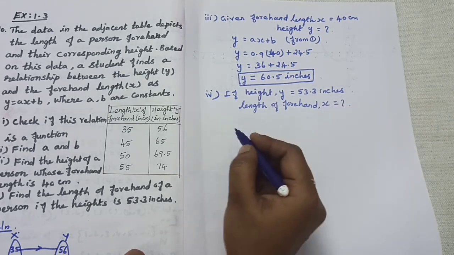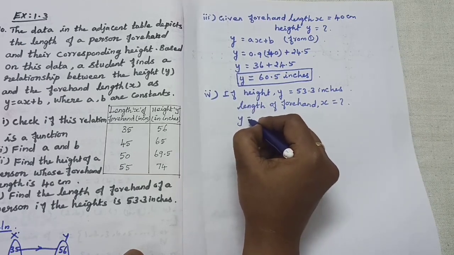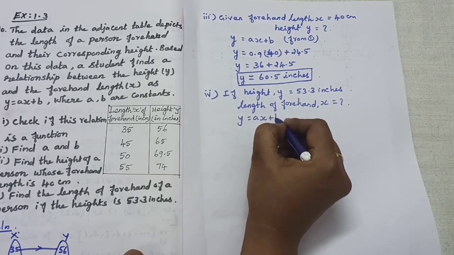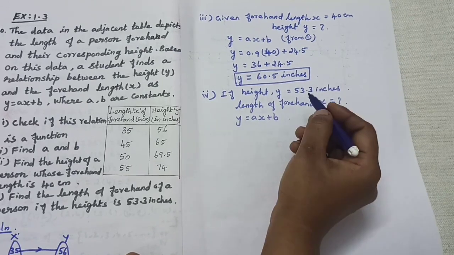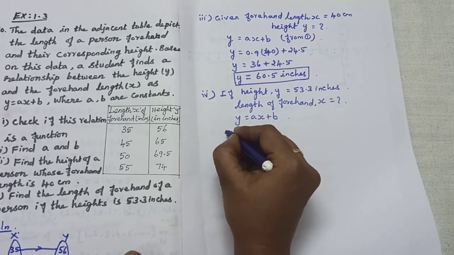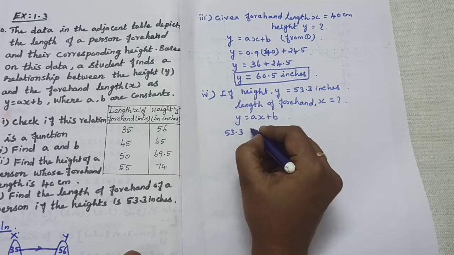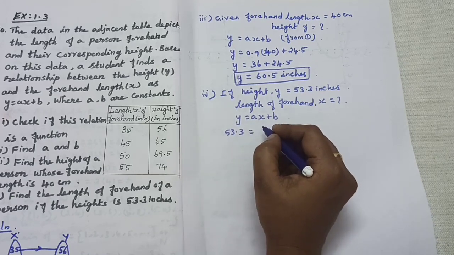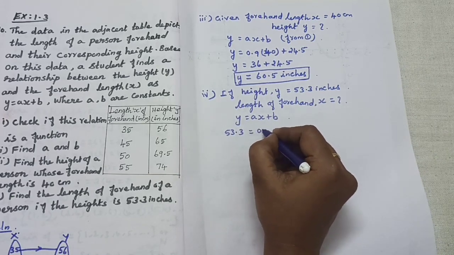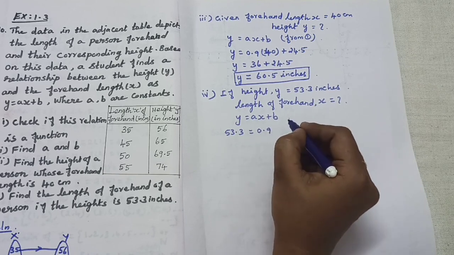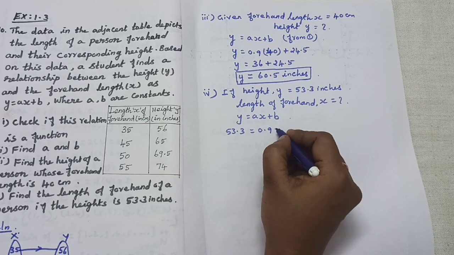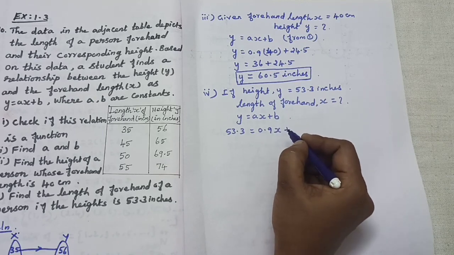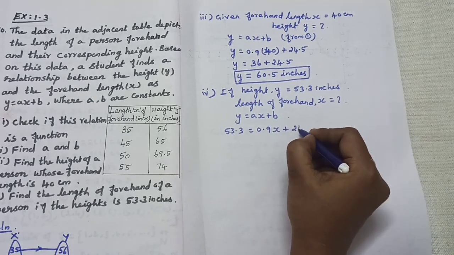We know the relation y is equal to ax plus b, isn't it? Then here in the y place we have to substitute 53.3. 53.3 is equal to a into x plus b. What's the value of a? 0.9. Then into x, which we don't know, so the x value we have to find. Plus b. b is 24.5.